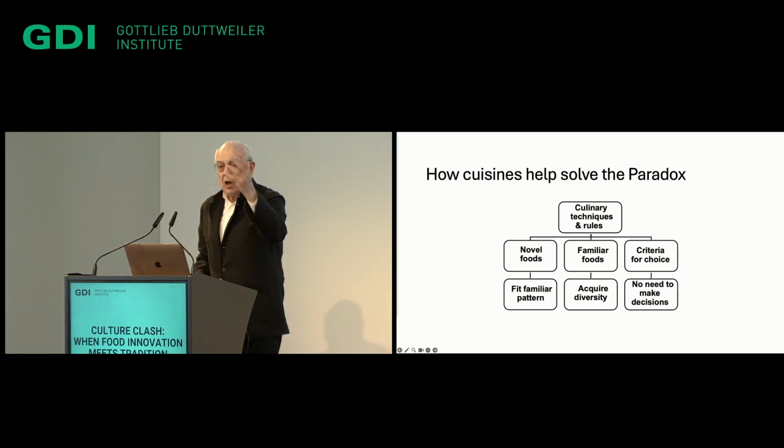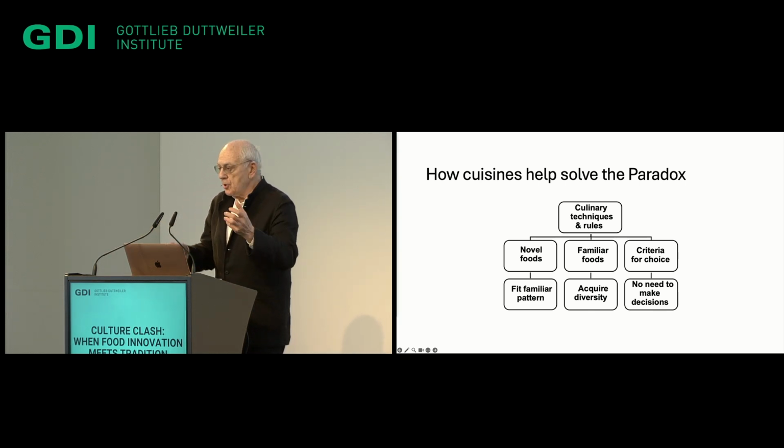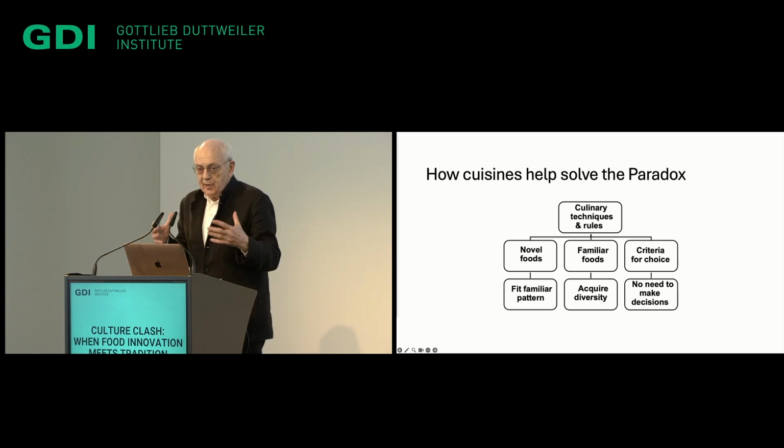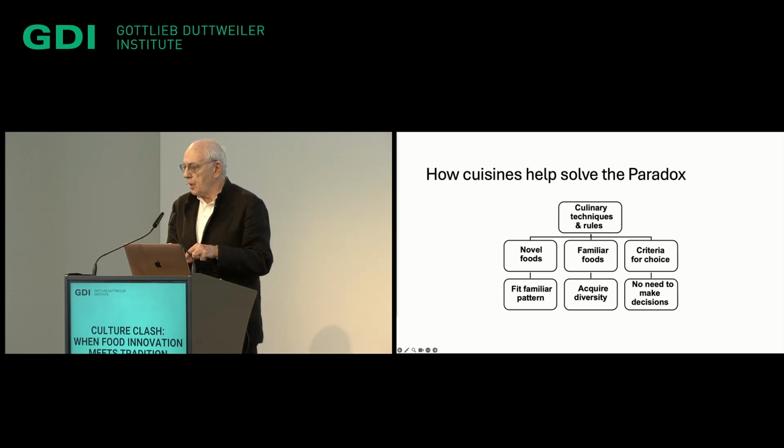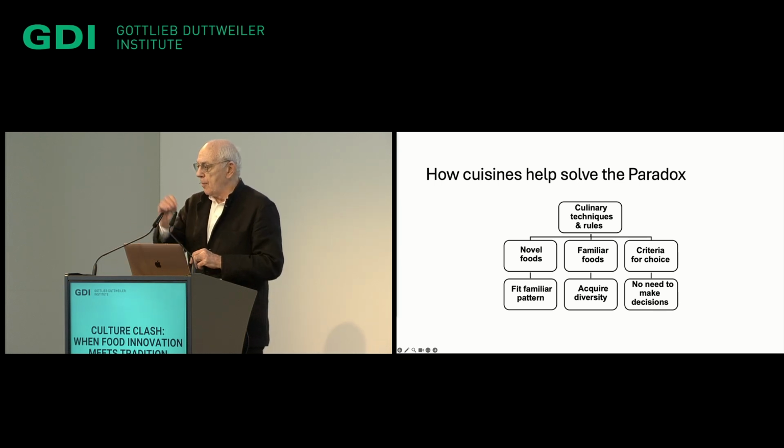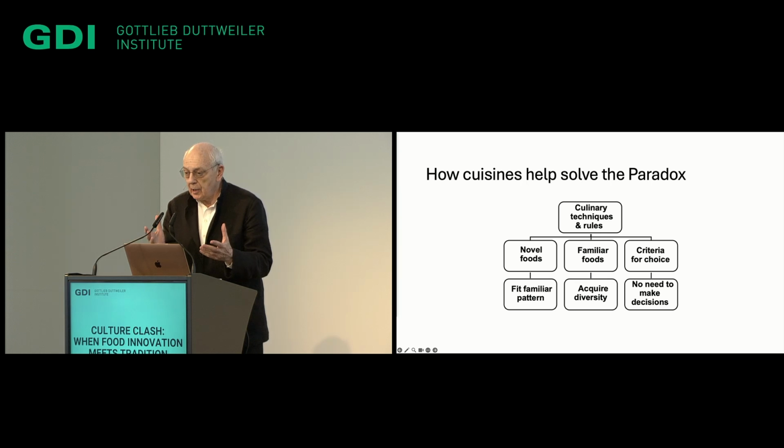So if you have a novel food and a local cuisine, you can think of ways to accommodate it to the local cuisine. You can use a sauce, or you can find the slot in the grid where it can fit or match. So you make it more familiar by cooking it your way. You can make it fit a familiar pattern.